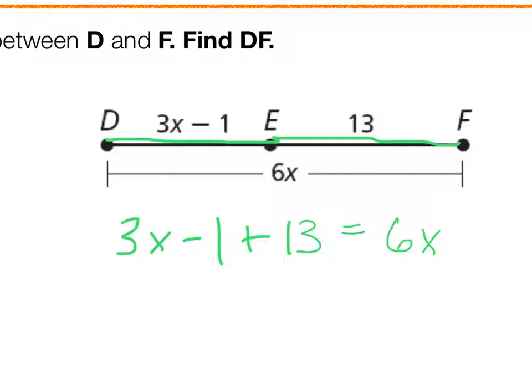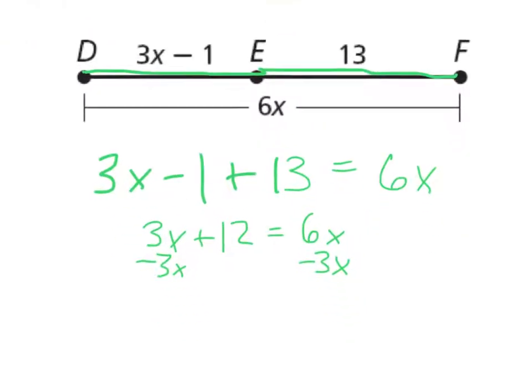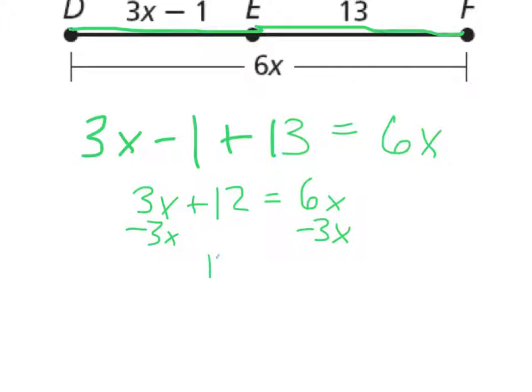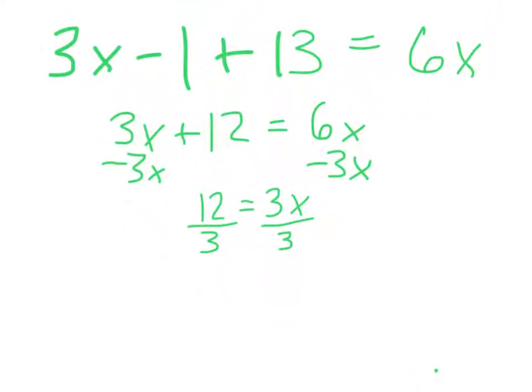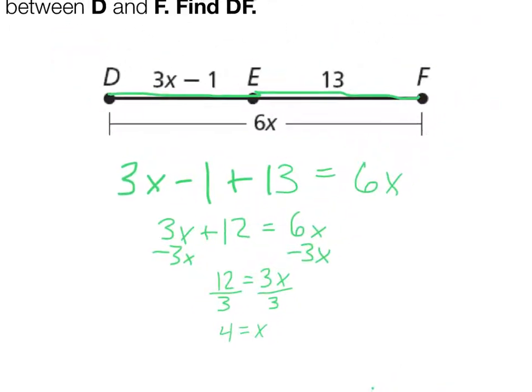So now we can combine like terms. 3x, negative 1 plus 13 would be 12, which is equal to 6x. We need to subtract 3x minus 3x. 12 is equal to 3x. Divide 3 from each side. You guys know how to do this, right? It's algebra. 4 is equal to x.